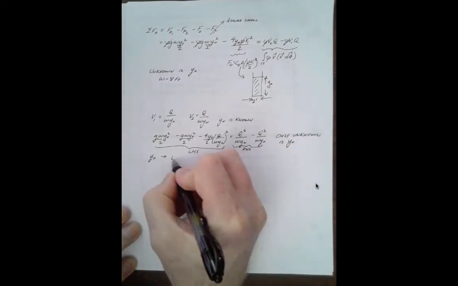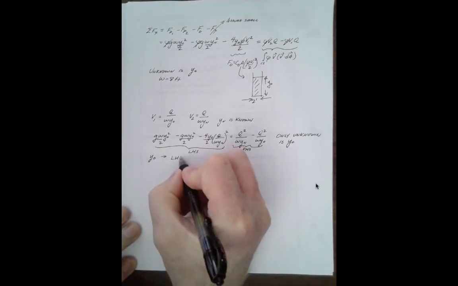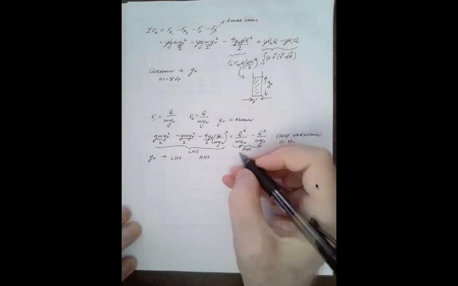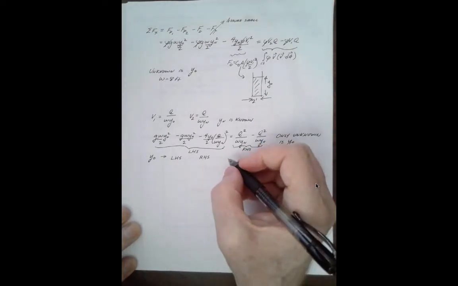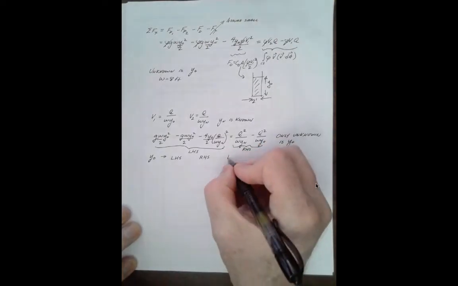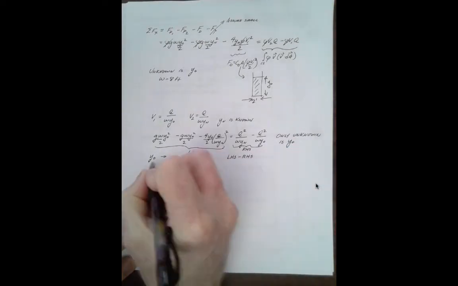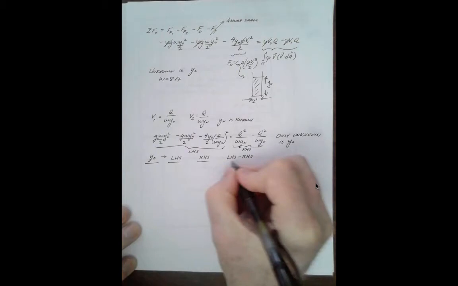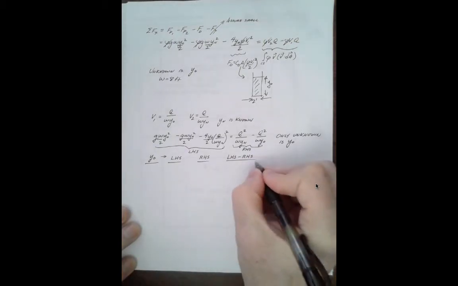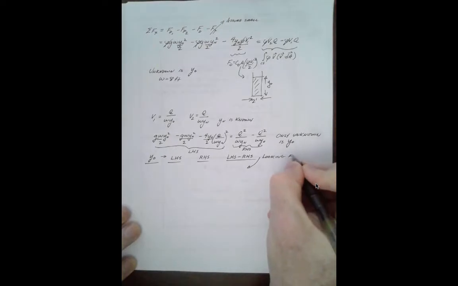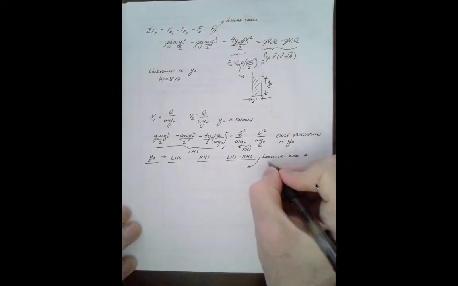So y0 produces a left-hand side, y0 produces a right-hand side. We take the left-hand side minus the right-hand side. So we have a table that looks like that. And in this column, we're looking for a 0.